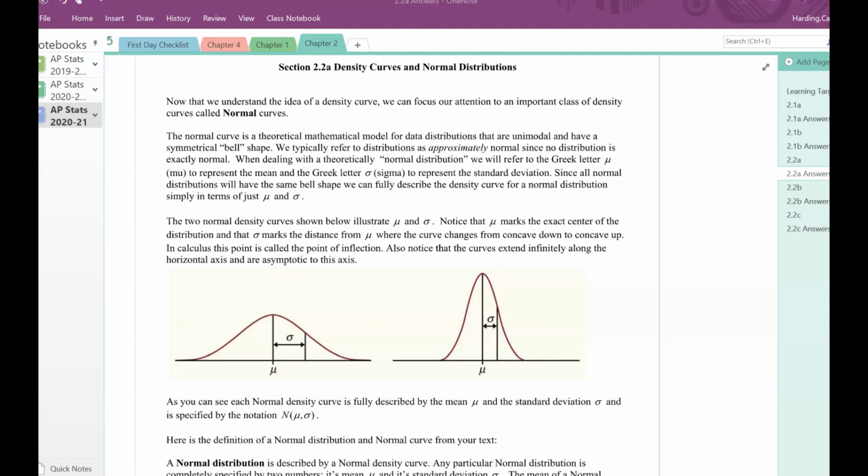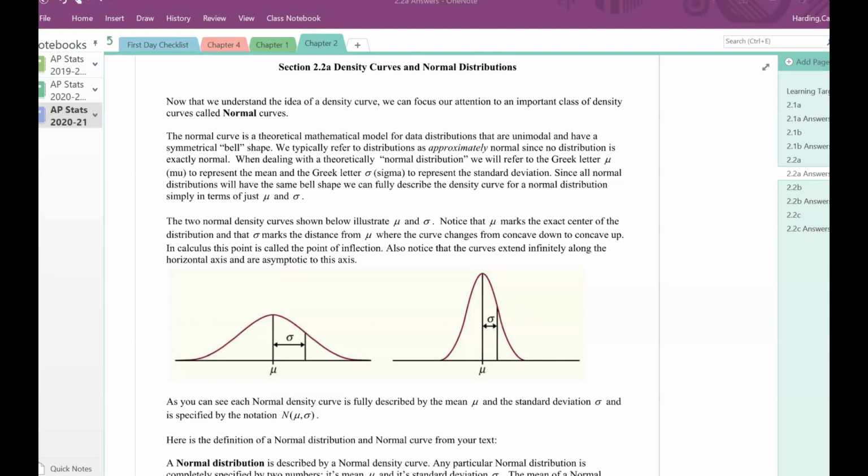Now, when you're talking about a normal curve, because the shape of all of them is the same, unimodal, symmetric, there are only really 2 things that we need to know to draw the graph and to describe it. Those 2 things would be the mean, represented by the Greek letter mu, and the standard deviation, represented by the Greek letter sigma.